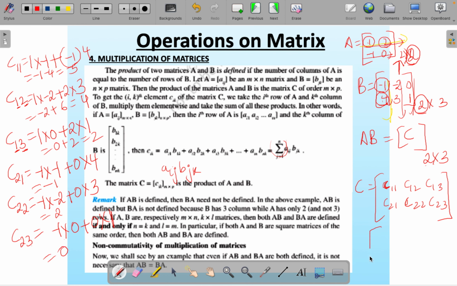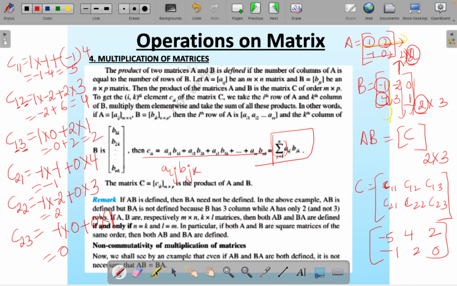So that means we will get C, where this is minus 5, 4, 2, minus 1, 2, 0. So this is how multiplication becomes possible, and this is what is meant by summation, because this formula is not very clearly explained in NCERT. So that is why I have explained this formula with the help of an example.